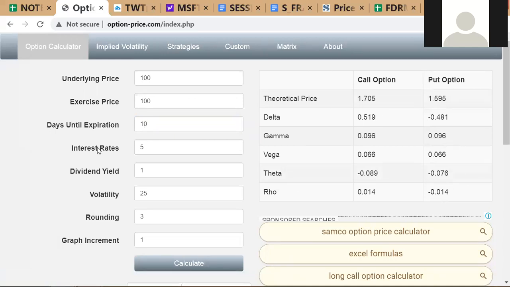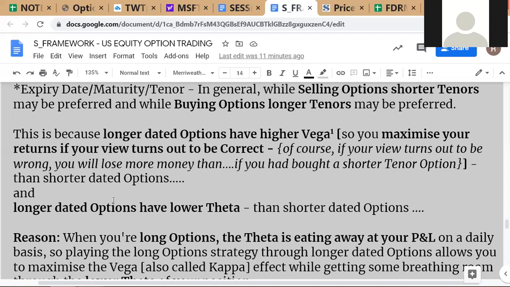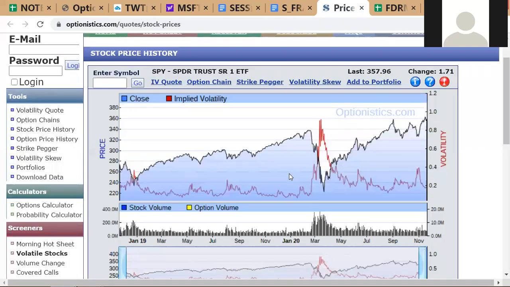So the first characteristic of options you have to remember is, what is the reason for this rule? This is a characteristic of options that longer dated options have lower theta and shorter dated options have higher theta. So based on that, if you're going to be a seller of options, remember the main reasons why you sell options, there are two. One reason is that you have a bearish view on eyeball, which is what we have given you in this framework.